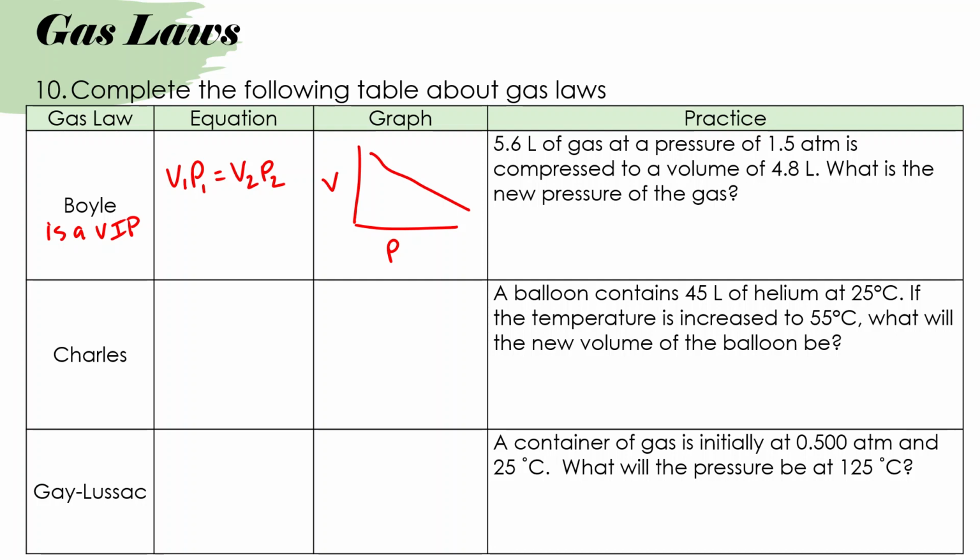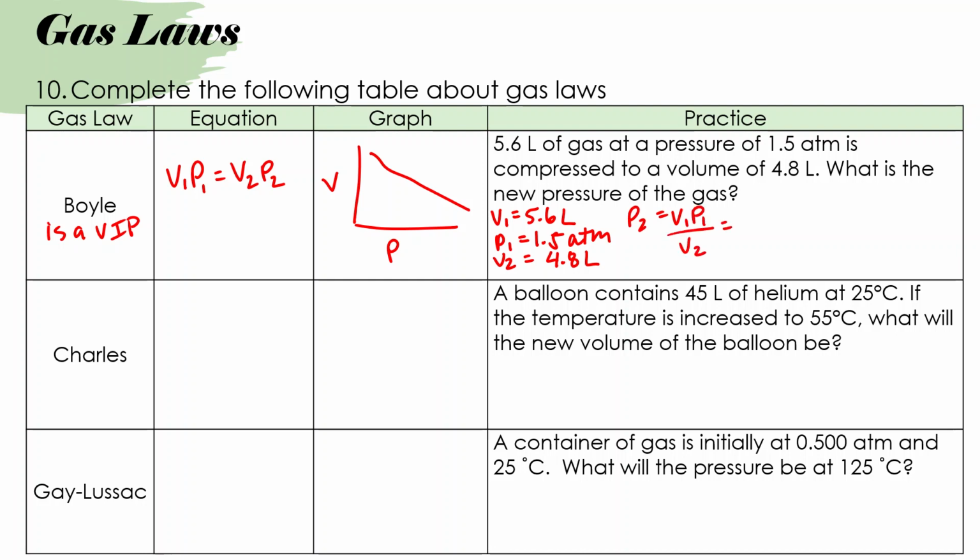So we have a gas that is at a volume of 5.6 liters and a pressure of 1.5 atm. If the volume is compressed to 4.8 liters, what is the new pressure of the gas? So we're solving for P2 here. P2 is going to be V1 P1 over V2.